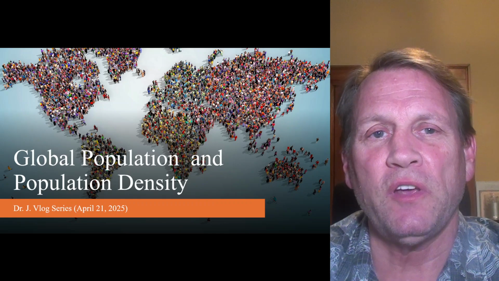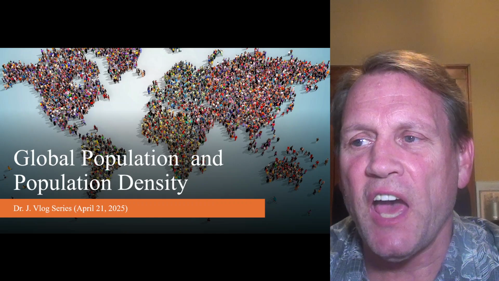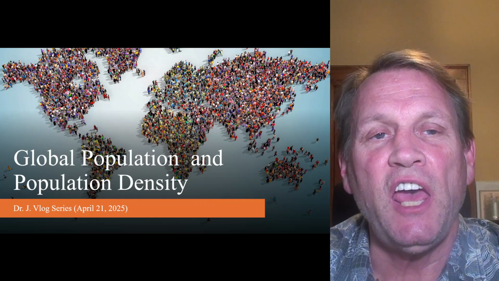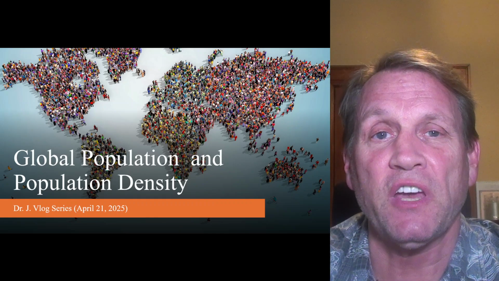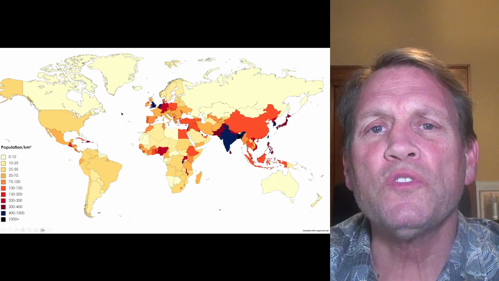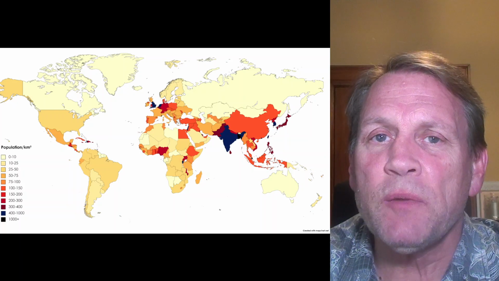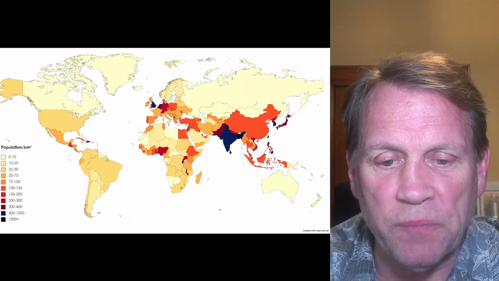So again, we're going to just stick closely to the facts today in looking at global populations and the population densities across both continents and then some specific countries as well. All right, so most of the world's most densely populated countries are, of course, quite small in size, as you might imagine.